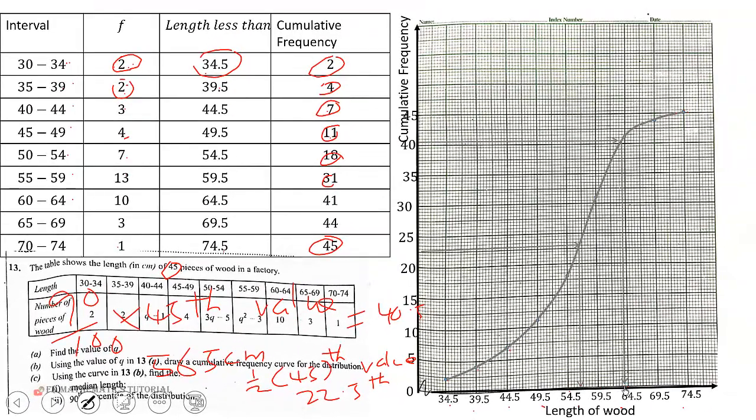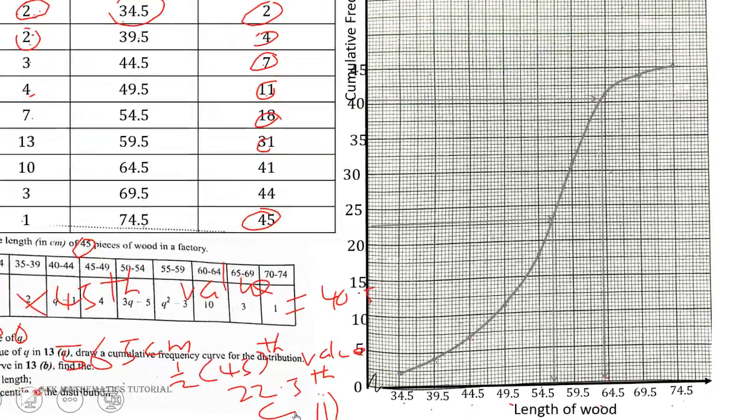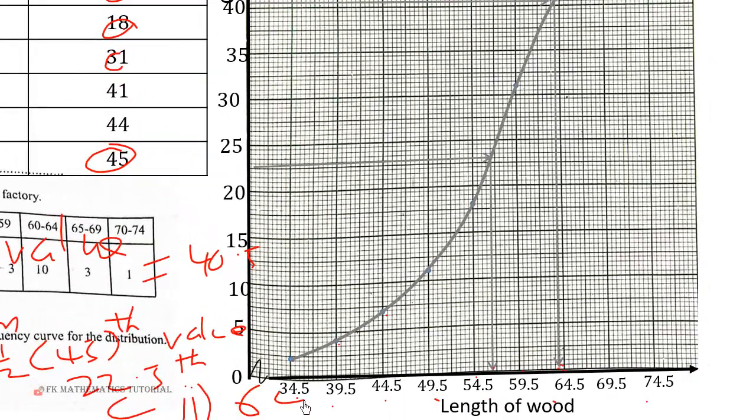So that will bring us to this value here. So this is one box less than 64.5. So the 90th percentile will be 64.0 centimeters. All right.